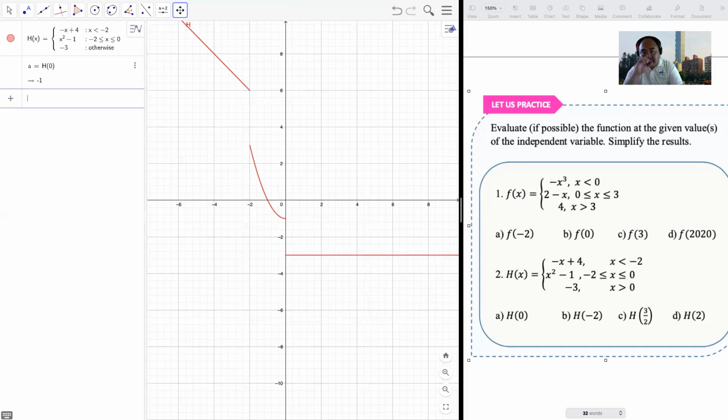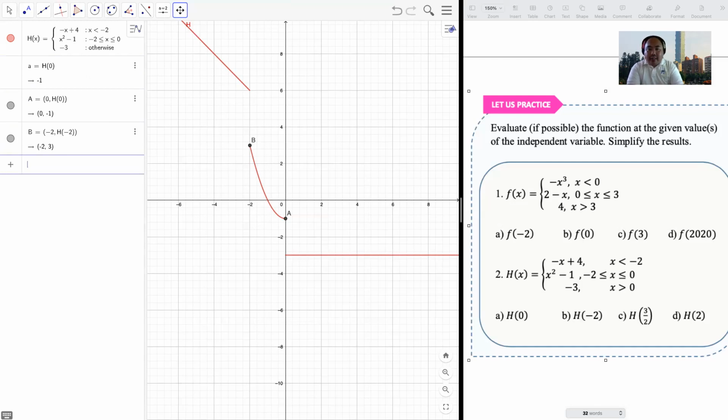H of 0 is negative 1, or if you want to look at that in the graph, then we say 0, h of 0, there. Okay, that's h of 0. How about h of negative 2? So let's graph negative 2, h of negative 2. There. Okay.